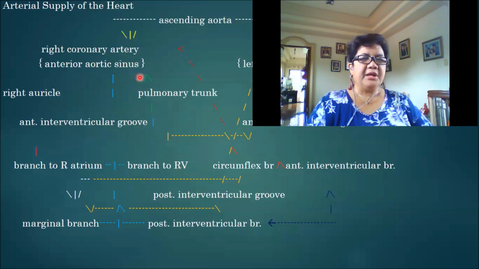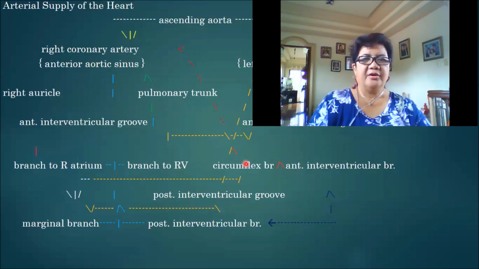It could be because the anastomosis is not sufficient to supply blood to the muscle where the supply has a block.